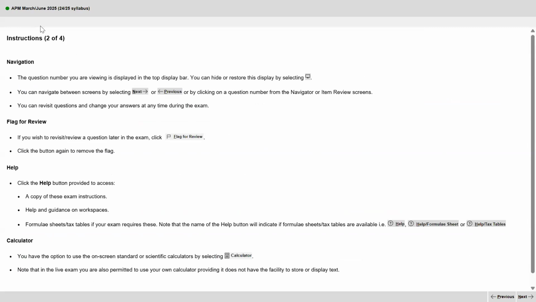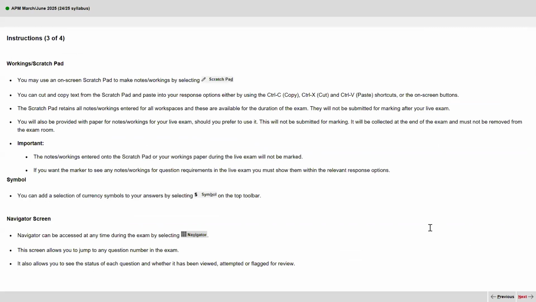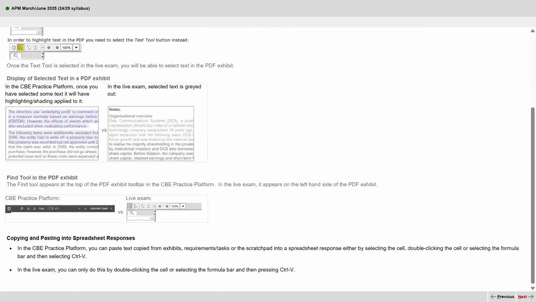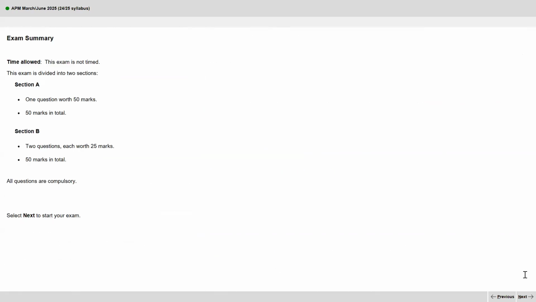So the paper that I've opened up is the March June 2020-25 examination paper. I'll try going through this specific examination. As you know, there are basically two sections to the examination. There is section A and then there is section B. Section A is of 50 marks, whereas section B is of 25 marks each, two questions. So that's what it is.